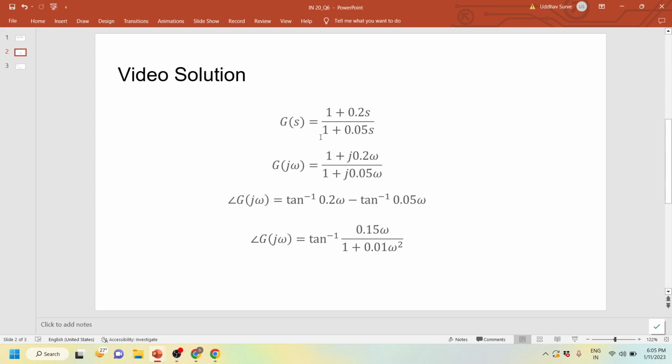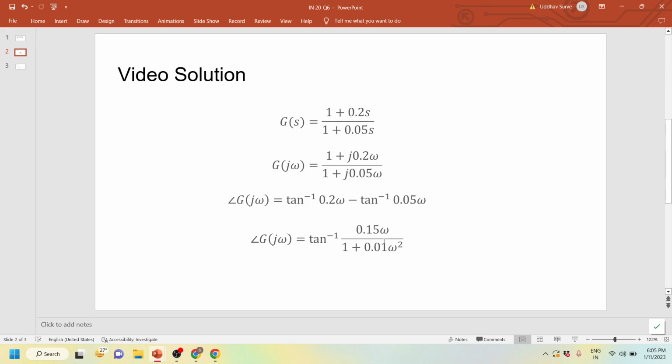Now when we have to find the angle of this G(jω) term, we take the complex angle, and that is tan inverse 0.2ω for the numerator and minus tan inverse 0.05ω for the denominator. Now by applying the trigonometric formula, tan inverse of 0.15ω/(1 + 0.01ω²) is the equivalent combination of these angles.